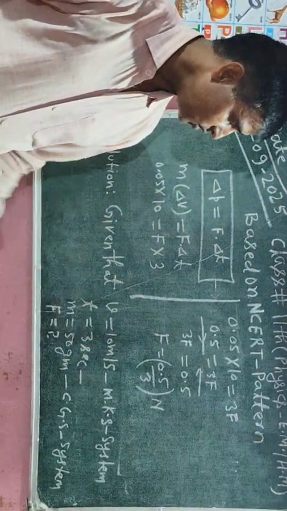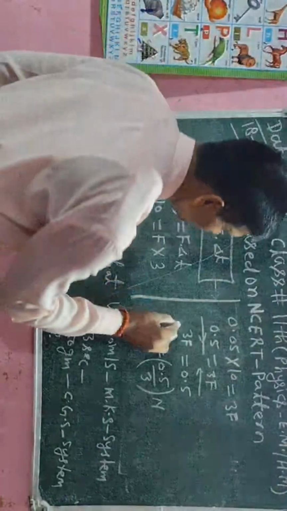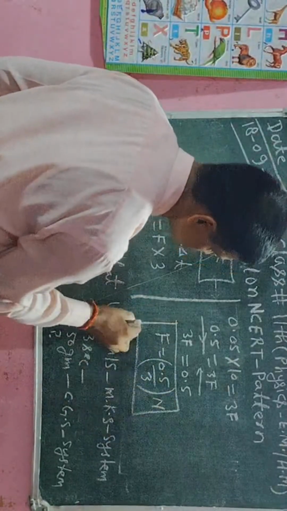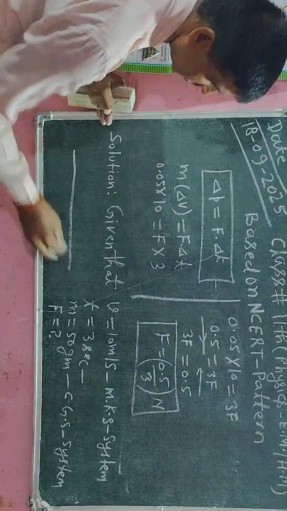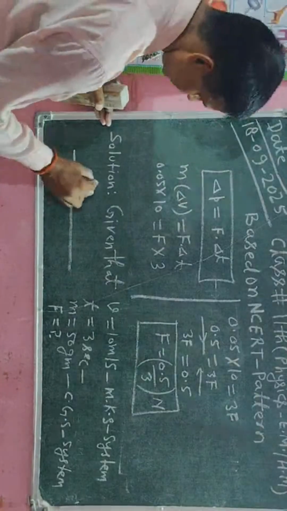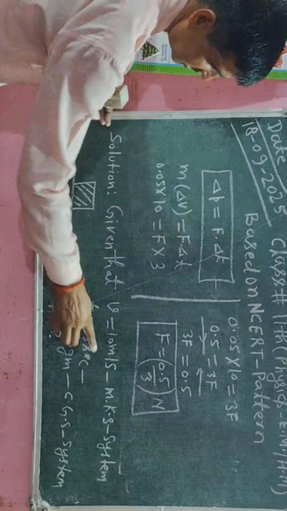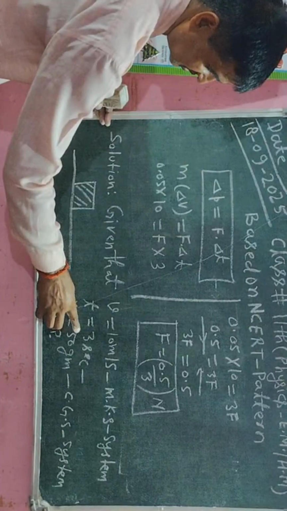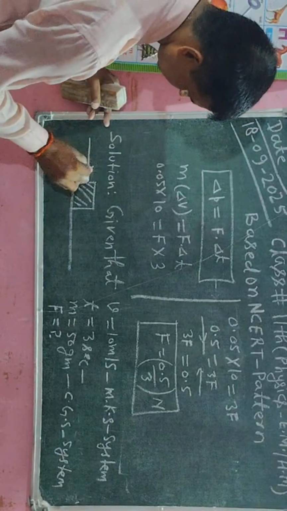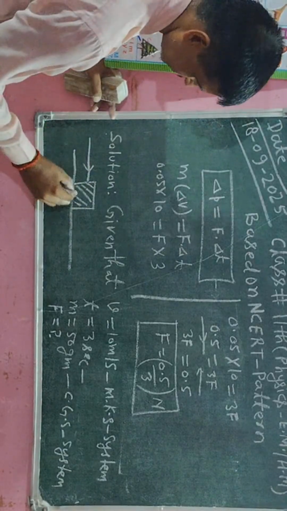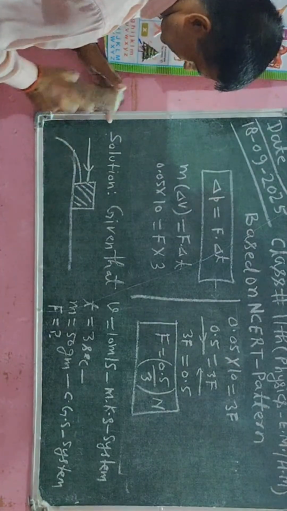This force is applied on the body, that is the object. So on that object this force is acting. This is the geometrical meaning I can put here: the object is moving with the velocity 10 meters per second for 3 seconds time, and this object has mass 0.05 kg.